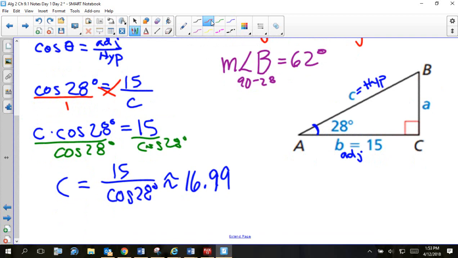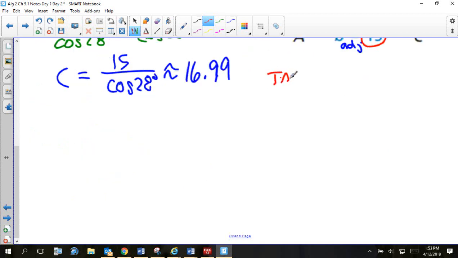So according to the angle, I'm going to go back to the angle again, 28 degrees. Side A is the opposite. And we are going to use the given side adjacent. So what uses opposite and adjacent? TOA, tangent. So we'll do tangent of theta equals opposite over adjacent. So we plug stuff in.